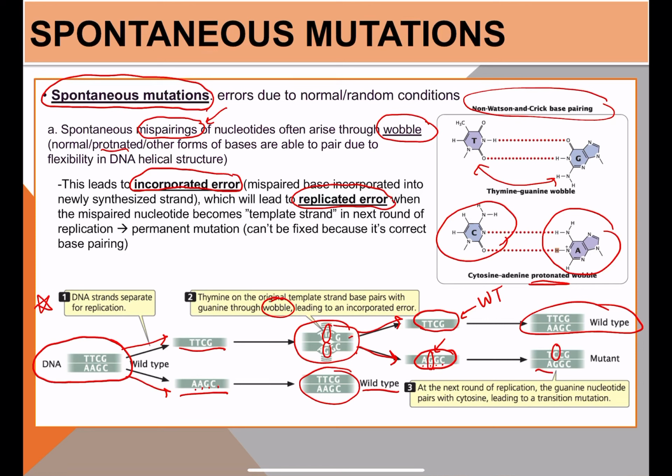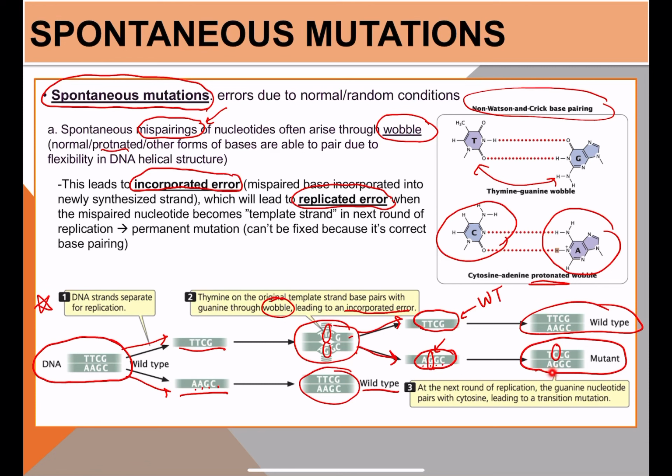So now this becomes a permanent replicated error, okay? This was an incorporated error right here due to wobble. After a round of replication, you have incorporated this error permanently, and however many times this strand is replicated, it's just going to keep making that same mistake over and over again.